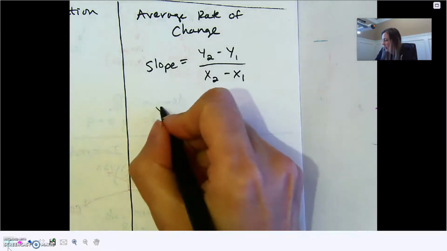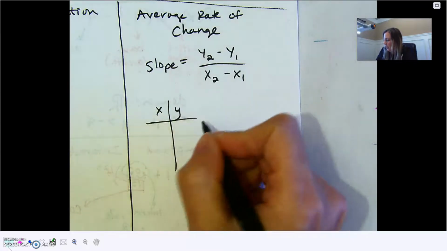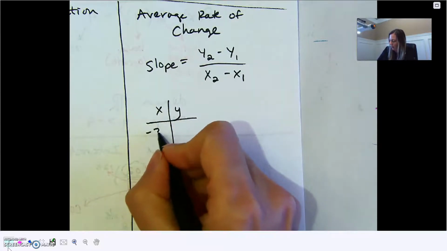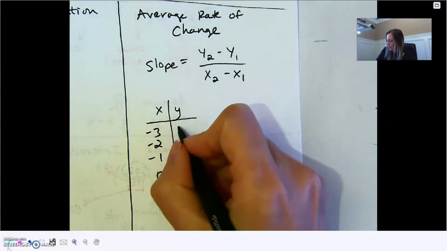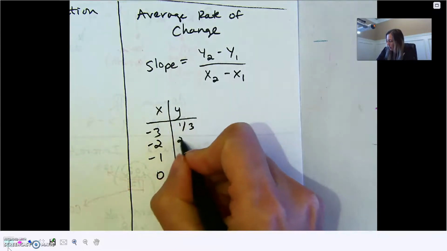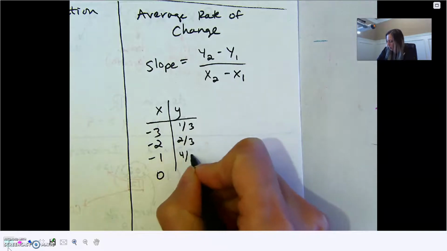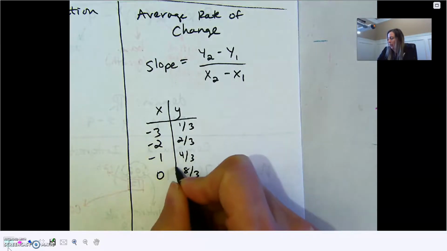So let's practice on a table, shall we? Let's say we've got a table with x values -3, -2, -1, 0, and the outputs are 1/3, 2/3, 4/3, 8/3.